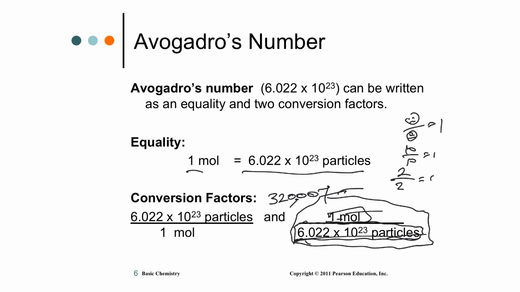Or if I had moles, I would use this one, 6.022 times 10 to the 23rd particles over 1 mole. Particles over moles is the same as moles over particles. It's just 1. Anything over itself is 1. I can get rid of what I have and change it to the other one.